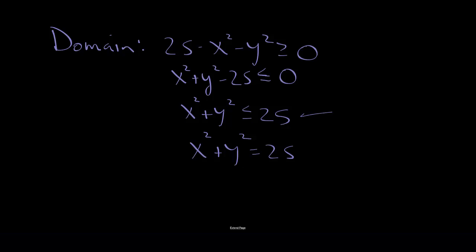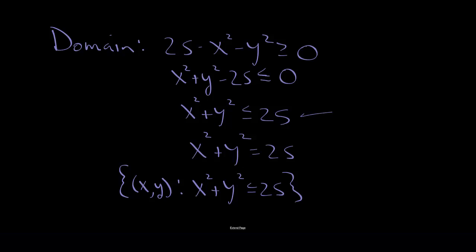So x squared plus y squared equals 25 is everything on the circle, and x squared plus y squared less than or equal to 25 is everything inside the circle and on the circle. So really the domain, you could write it this way: the set of ordered pairs such that x squared plus y squared is less than or equal to 25. Or really what this is saying is you can use any point that's on or inside this circle. That's the domain of that function. Okay. Any questions about that?